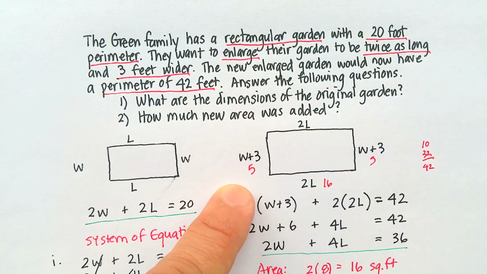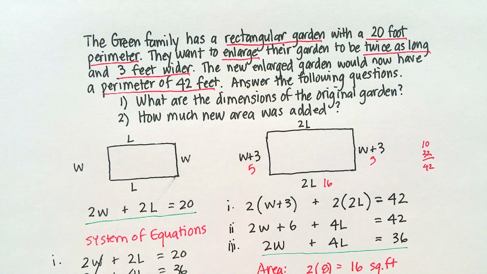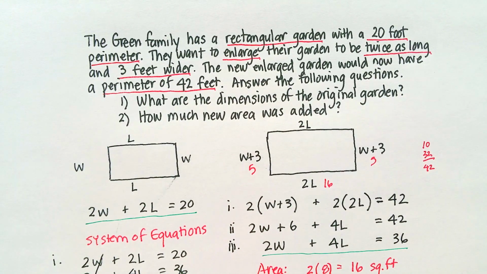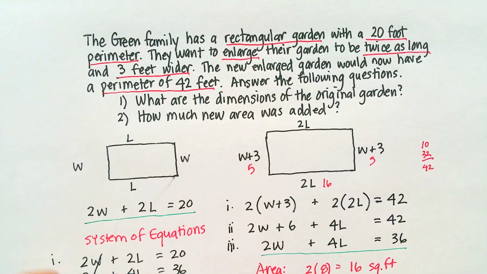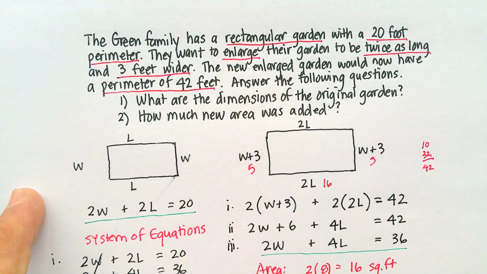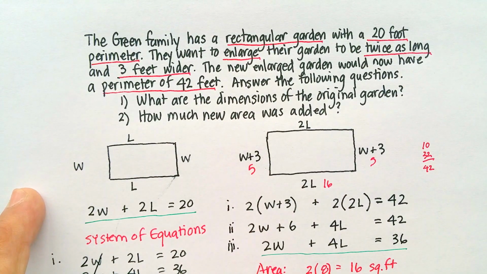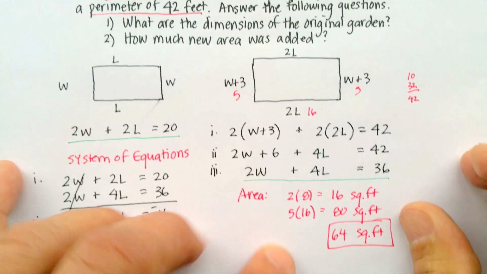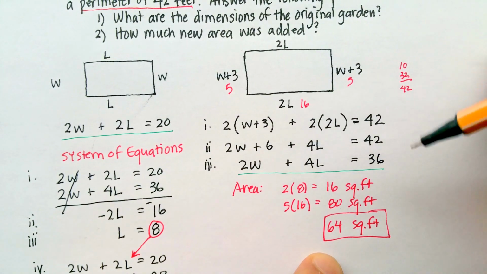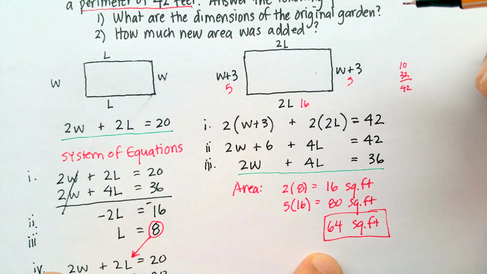So 5 times 16 is equal to 80 square feet. Subtract the 16 and I get 64 square feet. 64 square feet was added to my original dimensions.